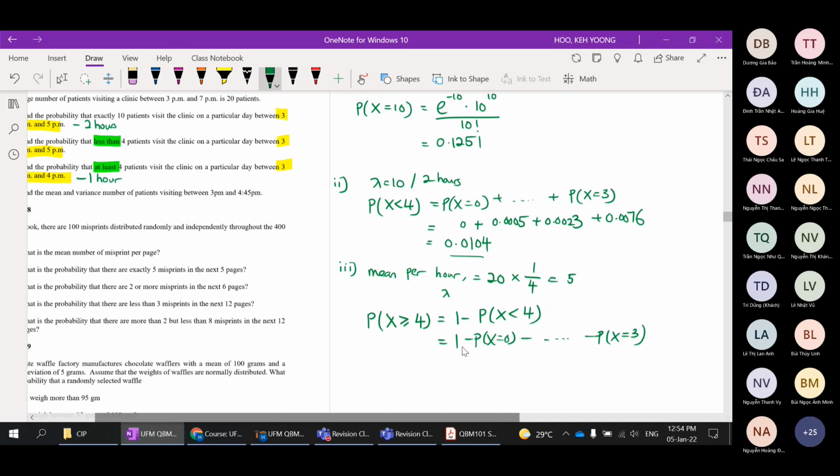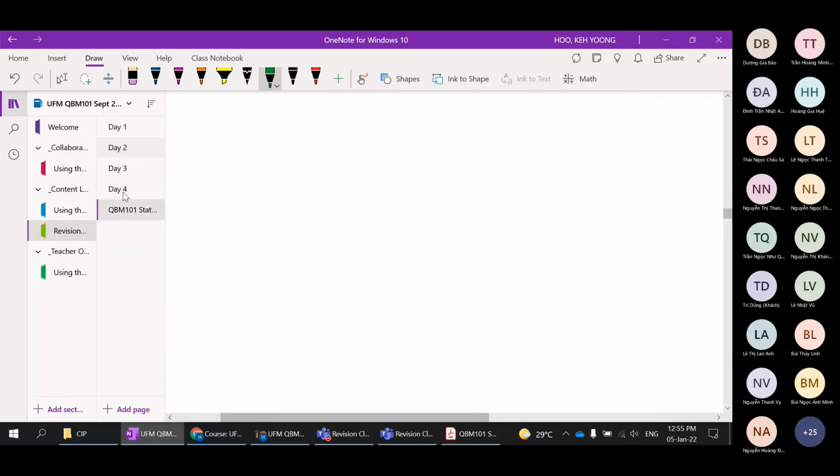So I will skip some steps here. Write down the probability. This one also I can refer from the statistical table. Make sure you look at lambda equals to 5, not equals to 10. The column lambda equals to 5. Let me double check.